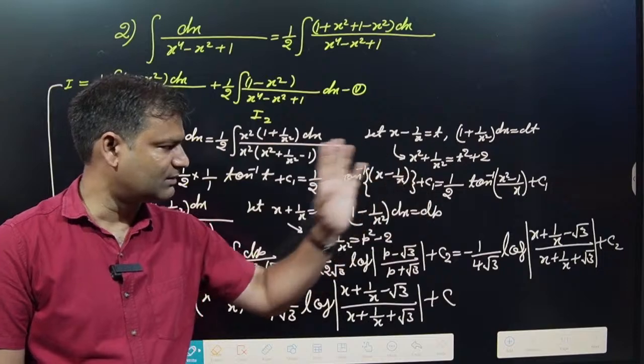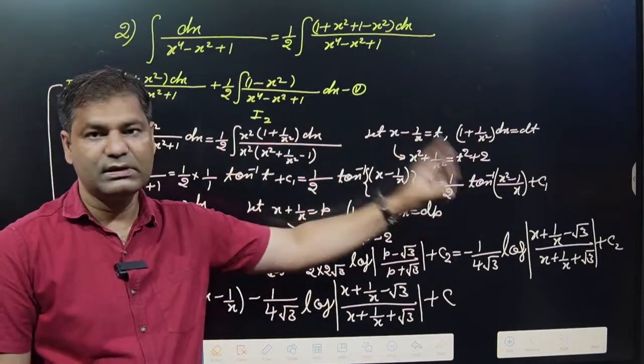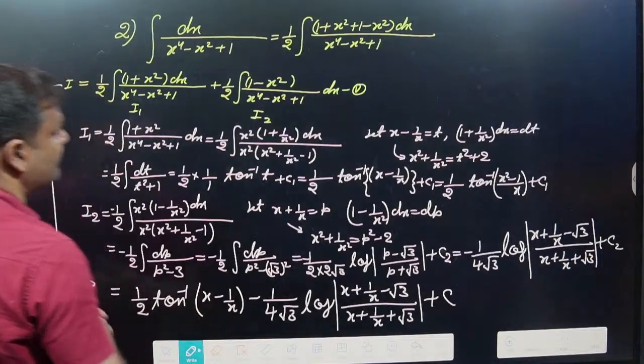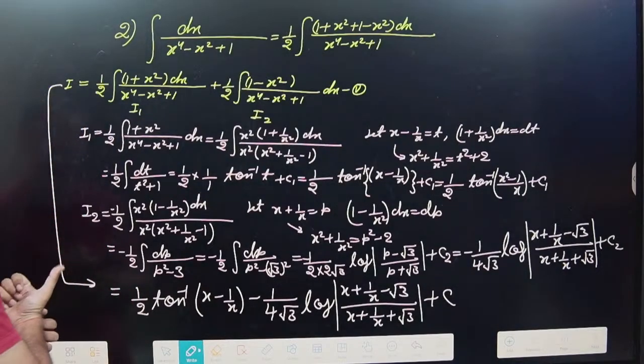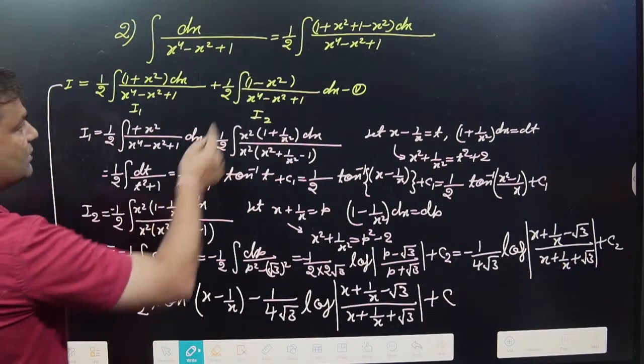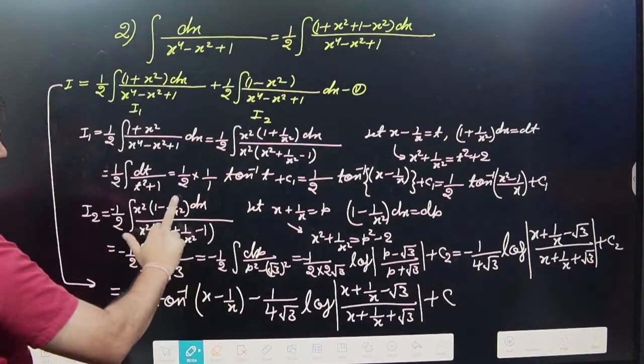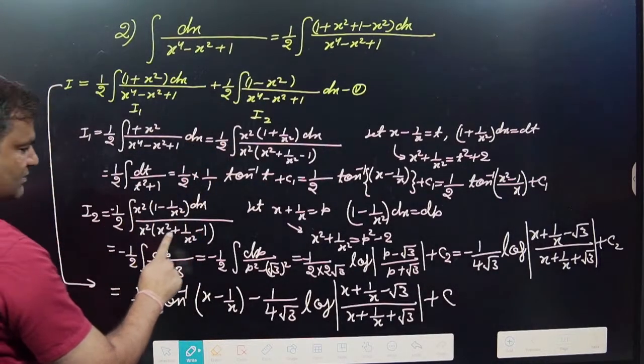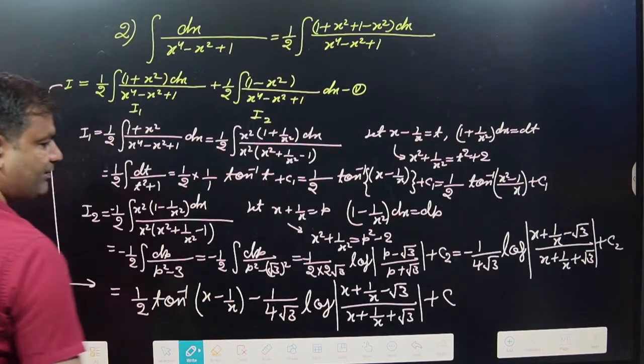upon x, so it is written like that, and that is the final answer. Okay, now we focus on the second part, I2. I2 is written as minus half into, if x square is common, 1 minus 1 upon x square dx divided by x square common, then x square plus 1 upon x square minus 1.